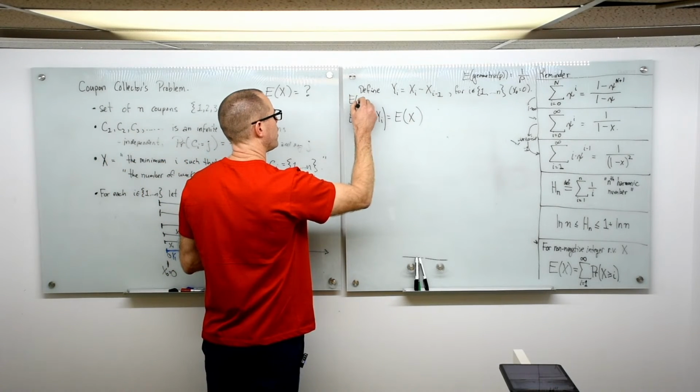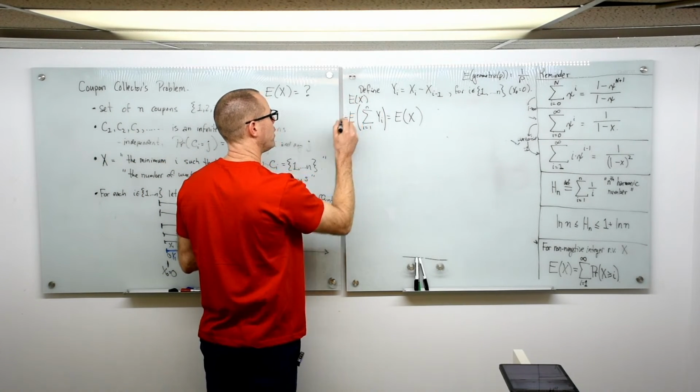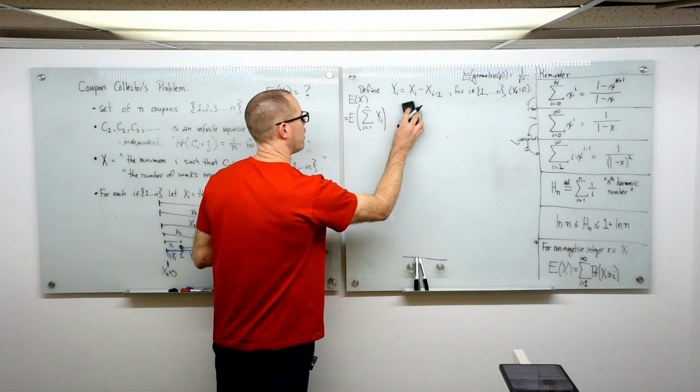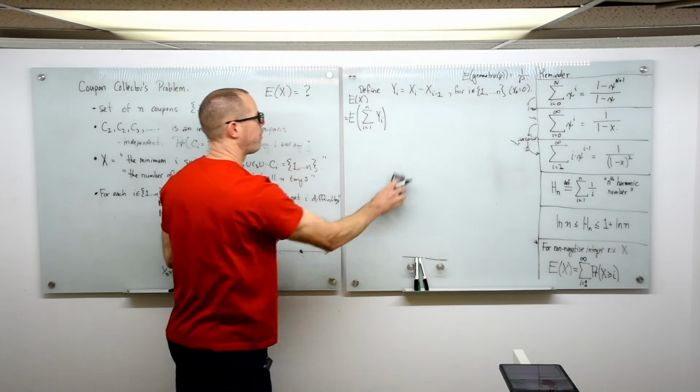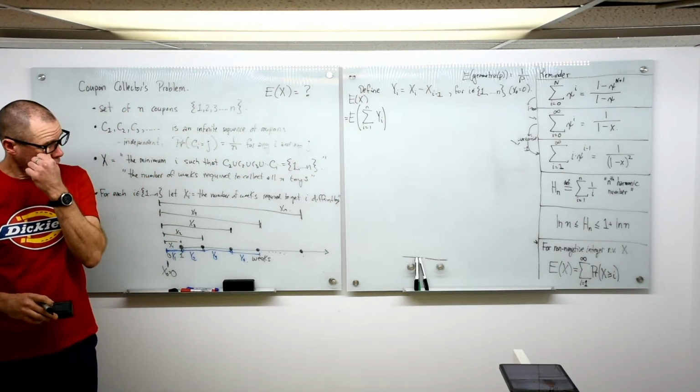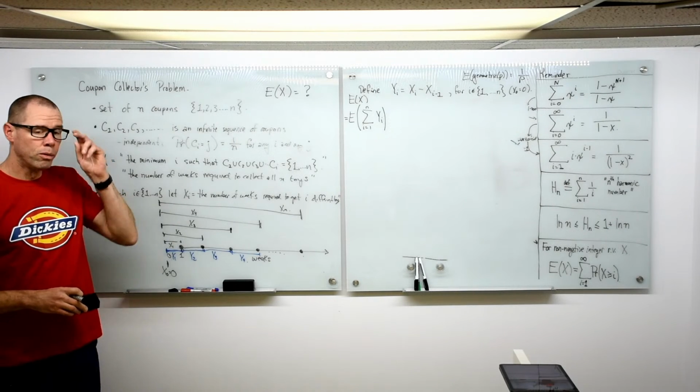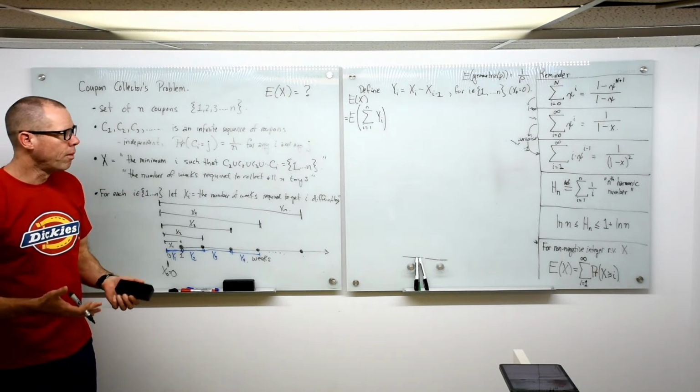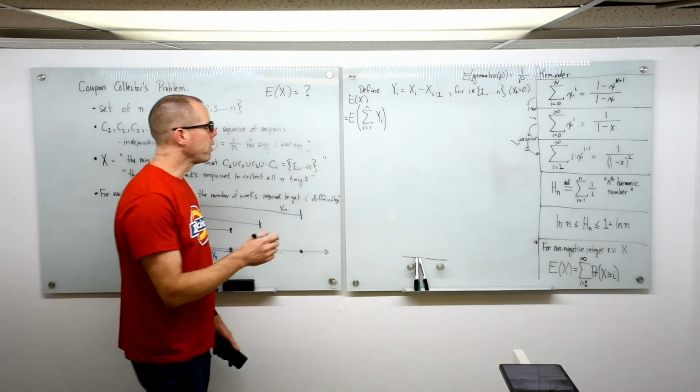So, expected value of x is equal to expected value of that sum. And now we're going to use the thing that we almost always do when we have an expected value of a sum. We'll take the sum of the expected values.